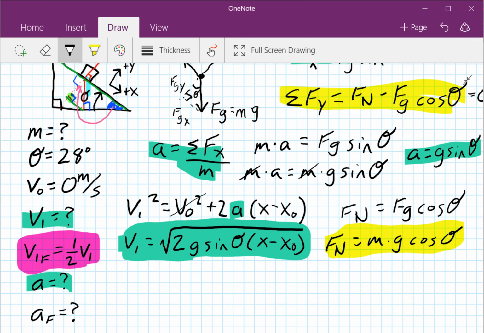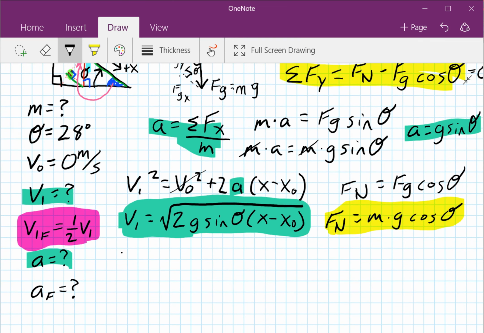Okay, so let's go ahead and see if we can explain the sum of the forces in the x direction now with friction. So I'm going to put an F there after the x, and it will equal mg sine of theta. Remember, that's the component of the force of gravity that's in the x direction, minus the coefficient of kinetic friction times the normal force, because that's just another way of saying force of friction.